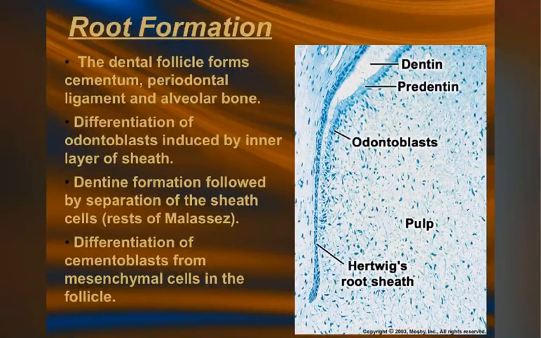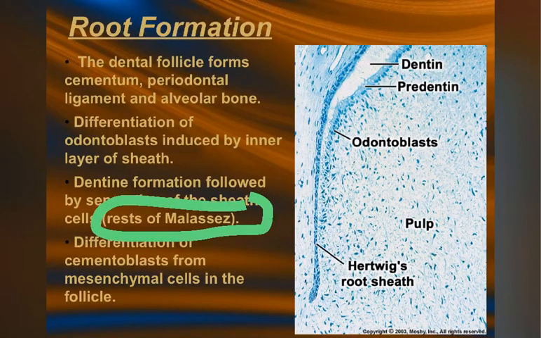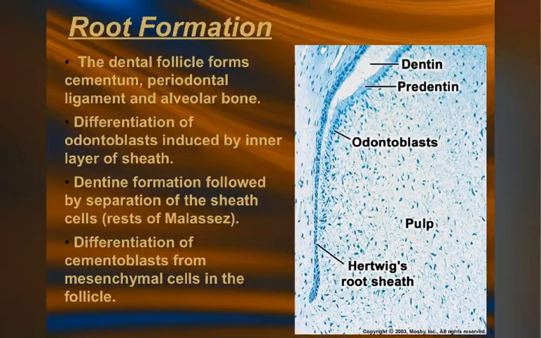once the dentine is mineralized. The root dentine is formed and mineralized. The remnants of the Hertwig's epithelial root sheath are called epithelial cell rests of Malassez.